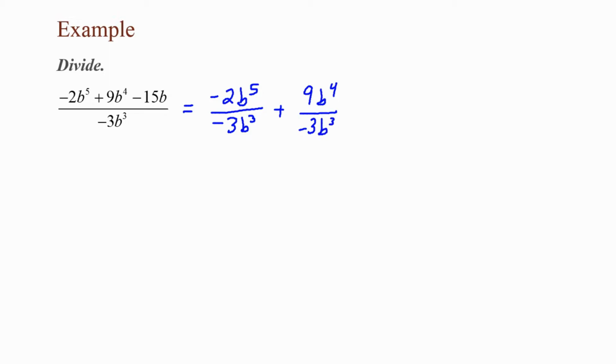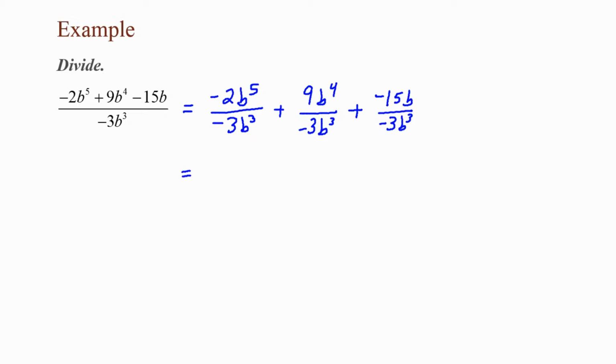For this problem, I'm going to keep the minus sign with the 15, plus negative 15b divided by negative 3b to the third. Since my denominator has a negative sign, it's going to be easier to reduce this if I keep the negative with the 15.